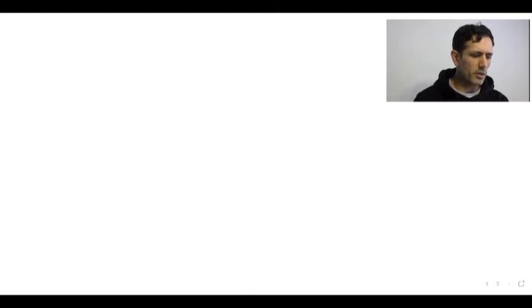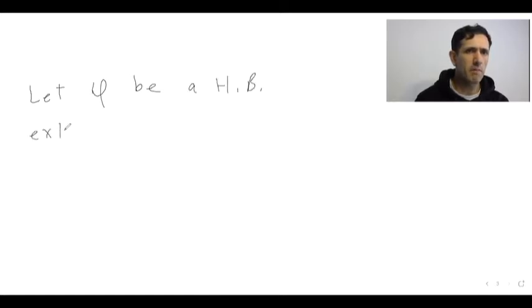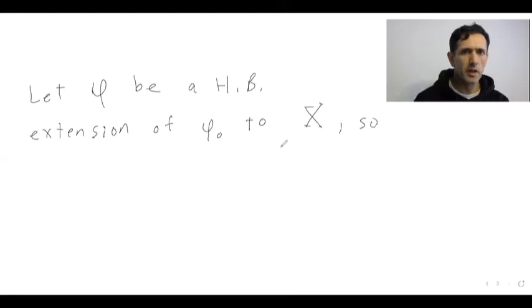So what we do is just take a Hahn-Banach extension. Let phi be a Hahn-Banach extension of phi 0 to all of X. Okay, so that means, because a Hahn-Banach extension by definition is norm preserving, that this is going to be 1.